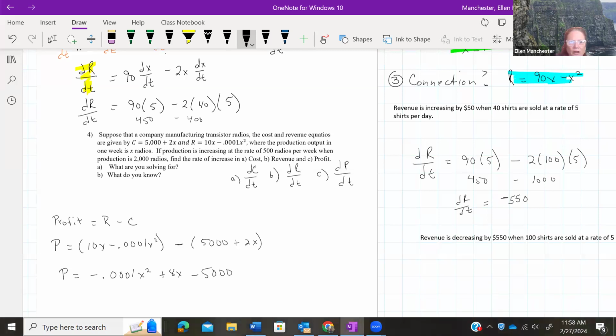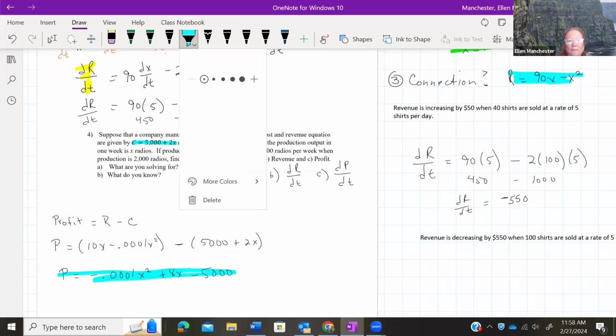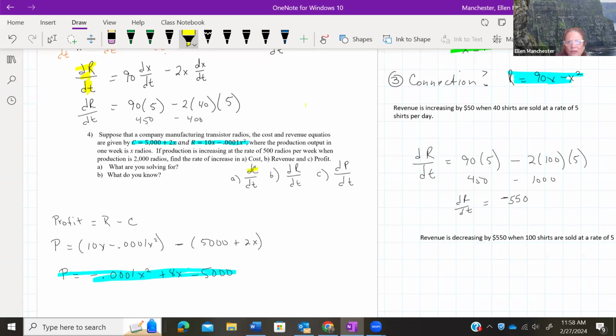Okay, so here is our connection. We have 3 different connections. This is the connection for A, this is the connection for B, and this is our connection for C. So now we have all the information we need. Okay, what are we looking for? Those 3 questions again.